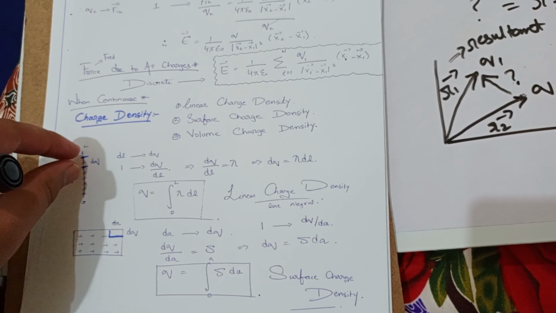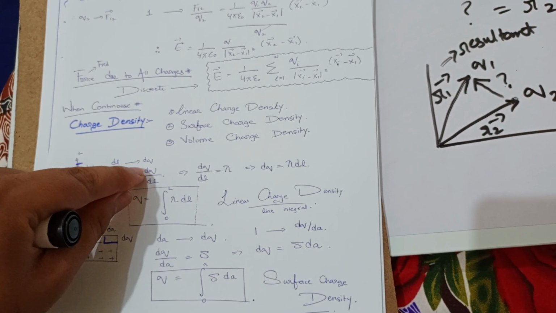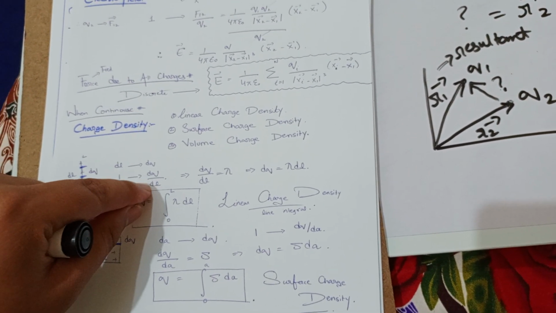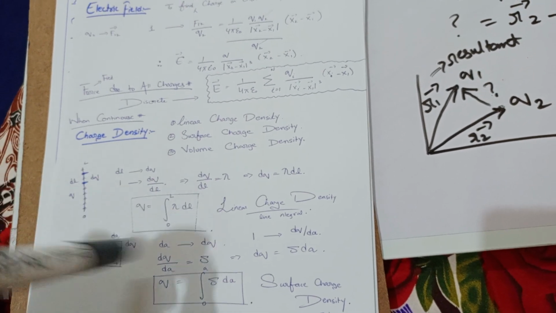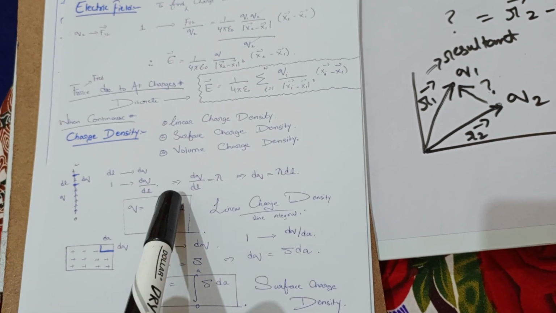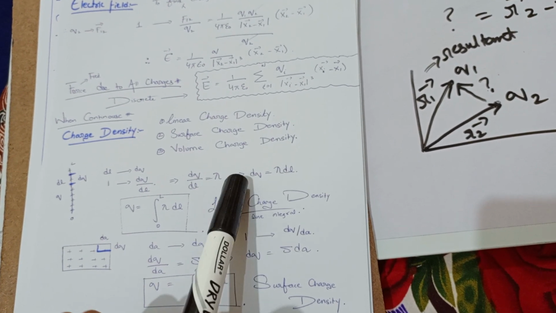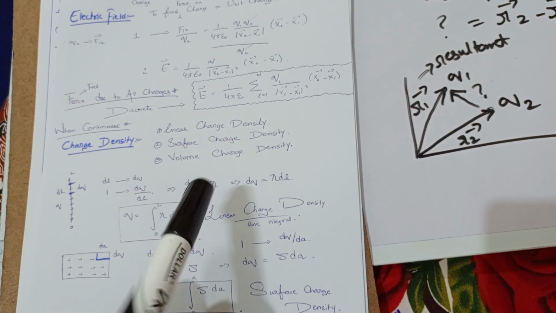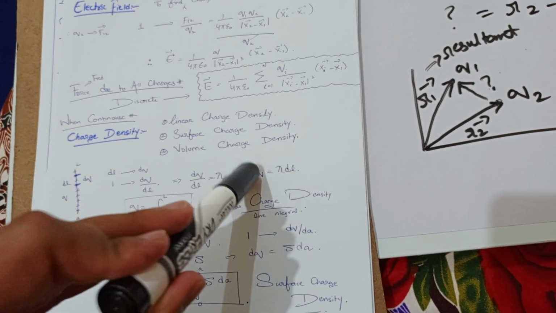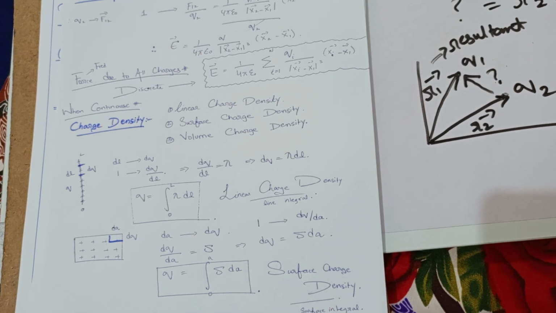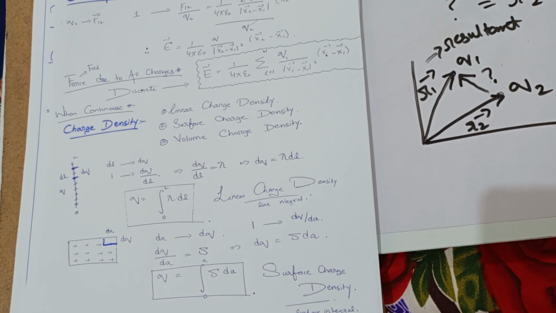Only this patch's charge divided by its length. You introduce a constant, lambda, and if you want to find the charge, move dl to the lambda side. Now dq equals lambda dl.